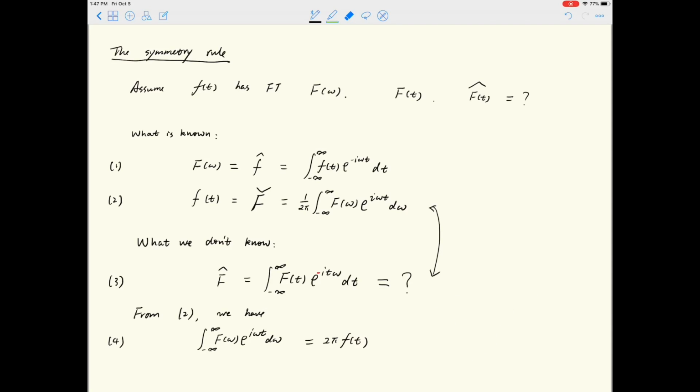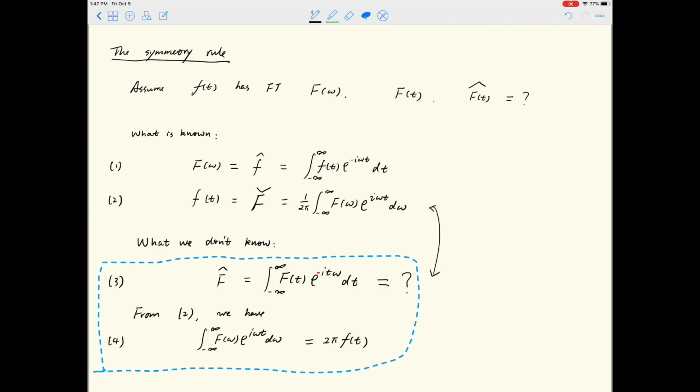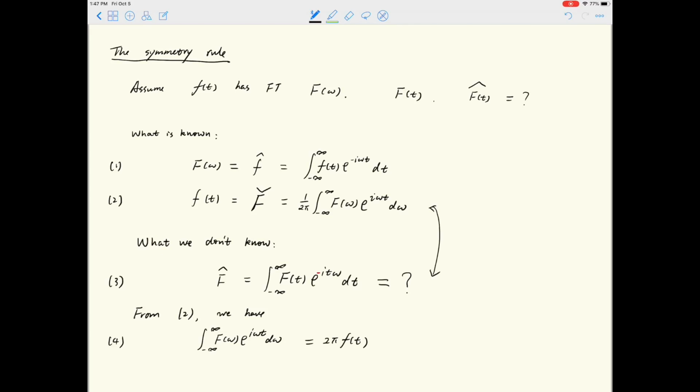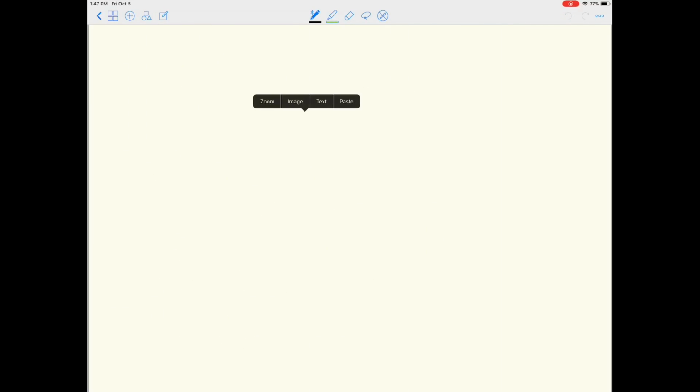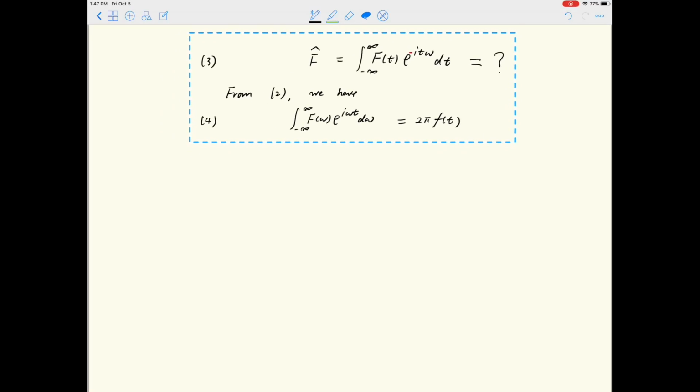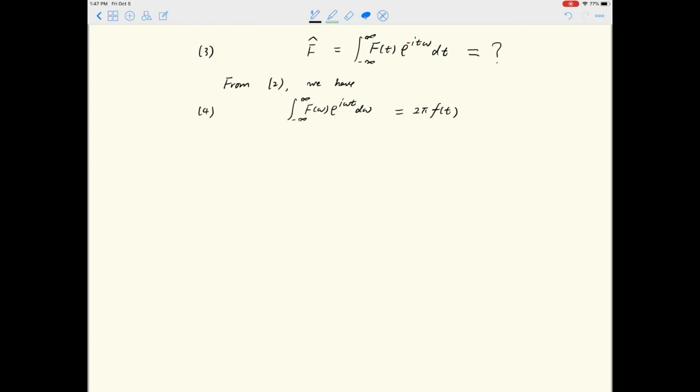So now let me copy it over. These are our equations. Equation 4 is known. Equation 3 is what we want to figure out.